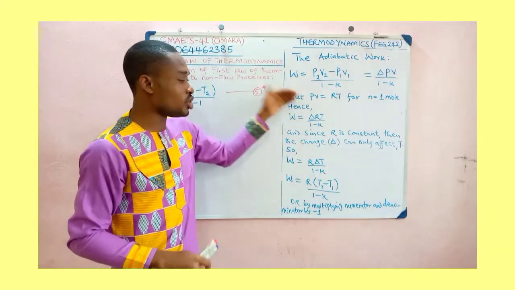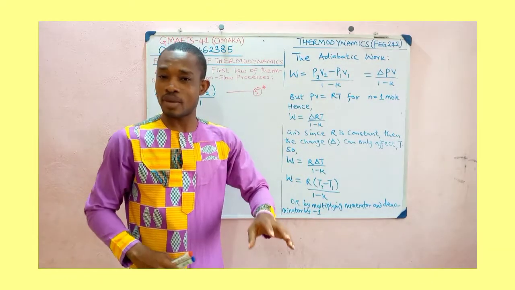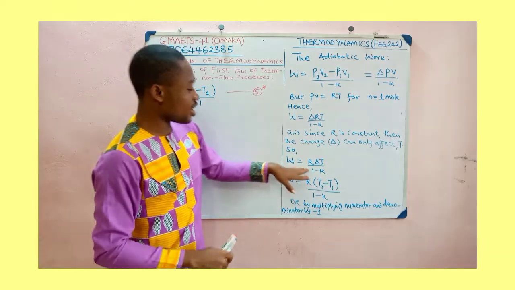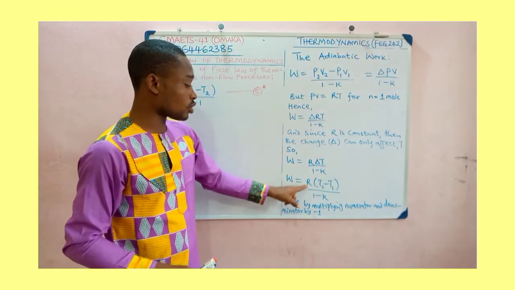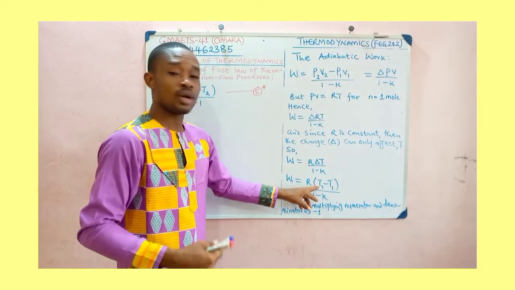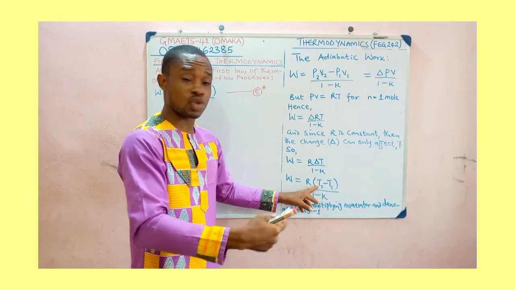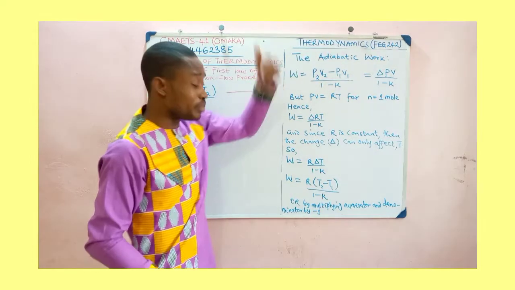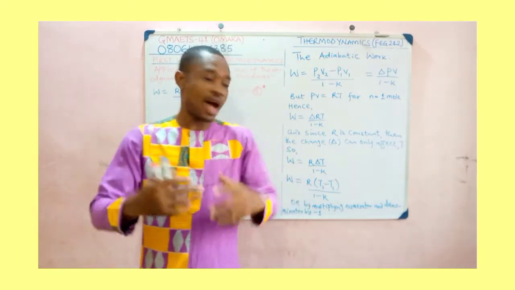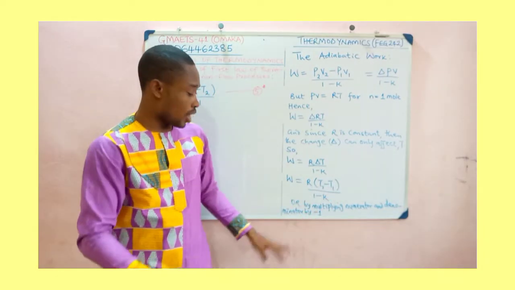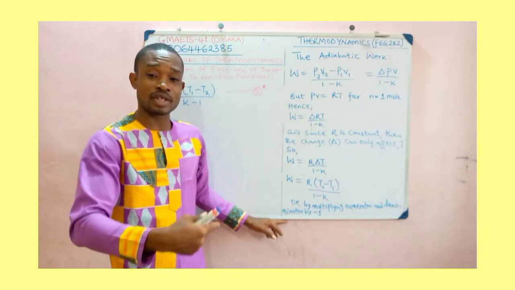Therefore, the change in the numerator will actually be affecting the temperature. Good, we can write the equation in this form, which will now give us work to be equal to universal gas constant times change in temperature T2 minus T1. Remember this order because the denominator is 1 minus what? K. Now, if we want to rewrite it as K minus 1, it means we have to multiply the numerator and denominator by minus 1.